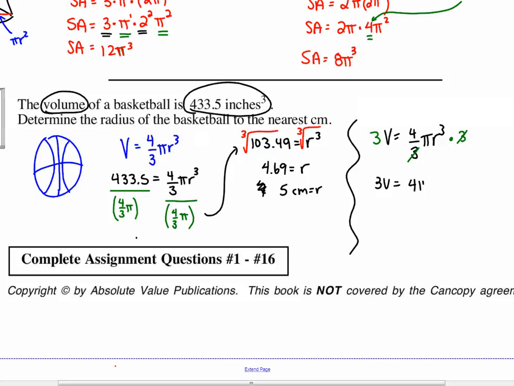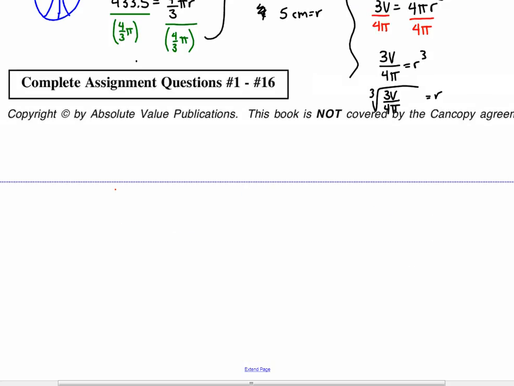Now I would divide it by 4 and pi, in brackets in your calculator. And last, you have 3V over 4 pi equals r cubed. Cube root that. So you can isolate it first. That's what you would do in physics, right?